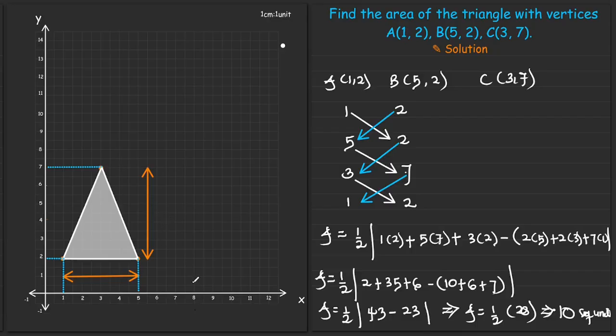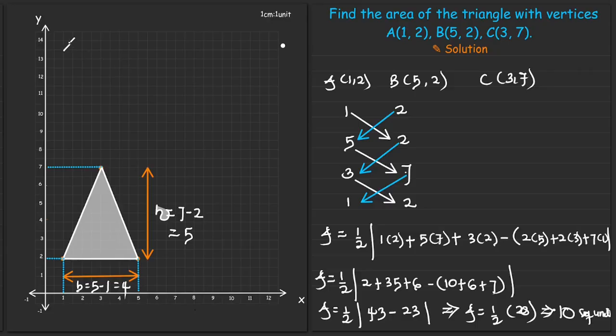So h, which is our height, is simply 7 minus 2, and that is equal to a 5. Then for the base, b is going to be 5 minus 1, which is a 4.